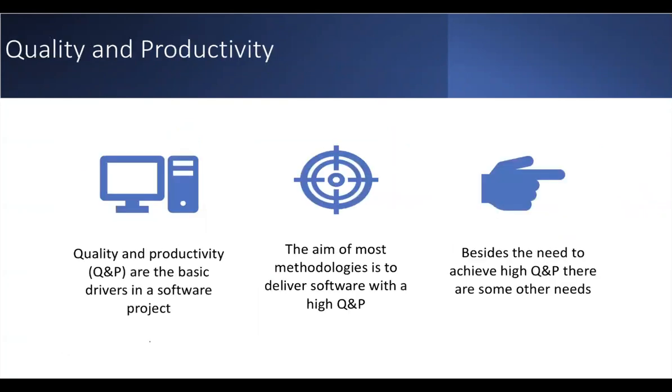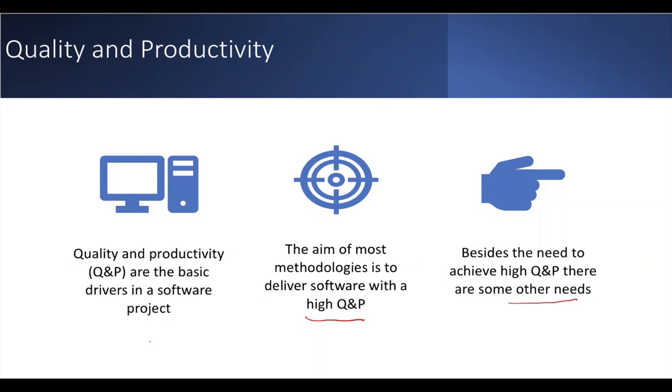So quality and productivity together are the basic drivers in a software project. The aim of most methodologies is to guarantee that the delivery of the software is with high quality and productivity. Besides the need to achieve high quality and productivity, there must be some other needs based on the customer provided needs as well as the user needs.